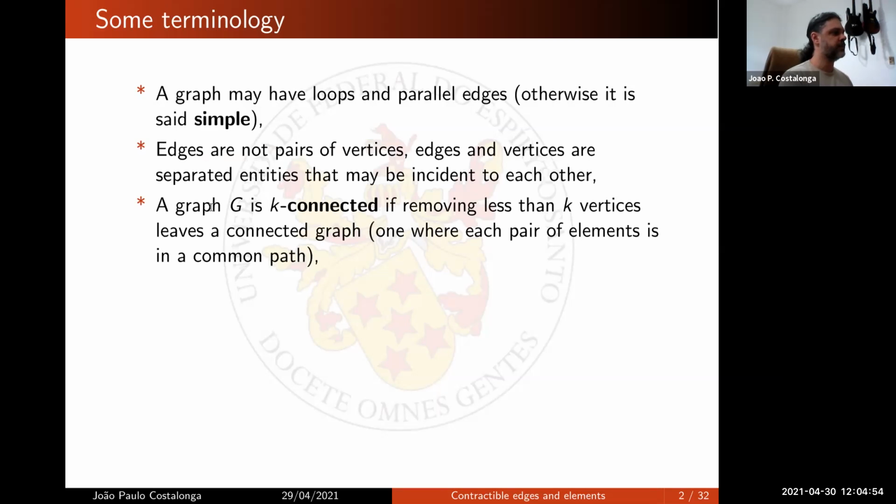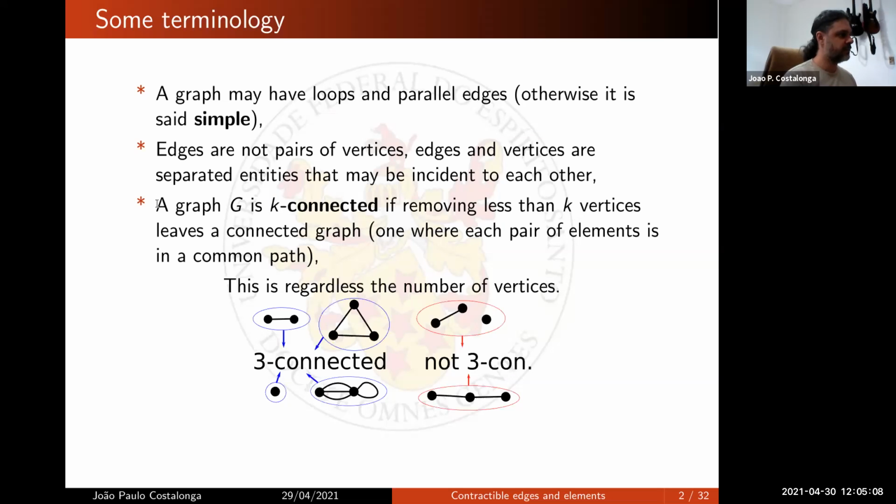We say that a graph is k-connected if removing fewer than k vertices leaves a connected graph. By connected graph, we mean one where each pair of elements is in a common path. This definition differs from the usual because we don't ask for the graph to have at least k plus 1 vertices to be k-connected.